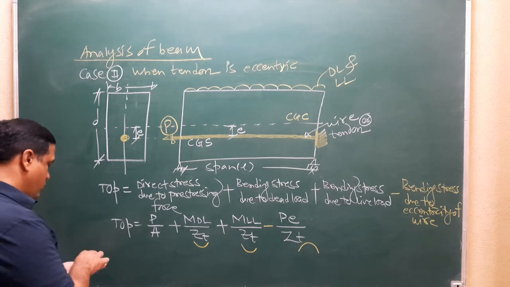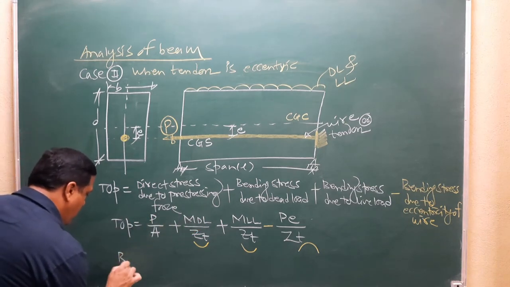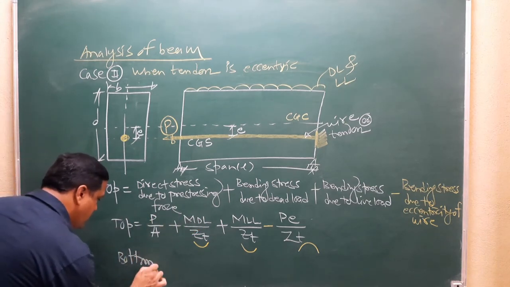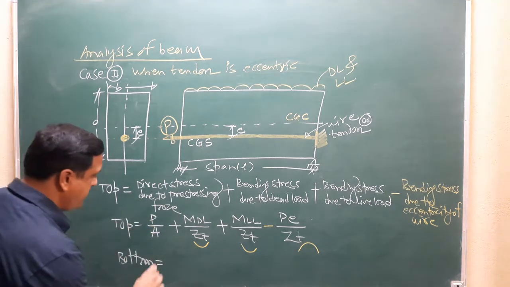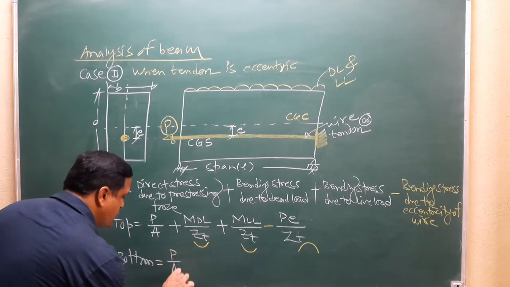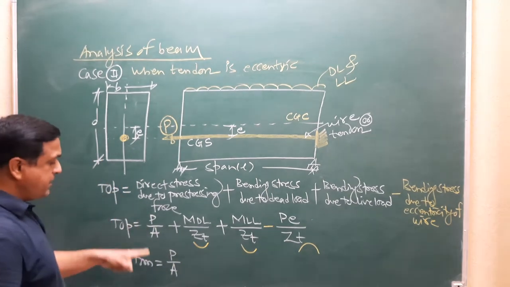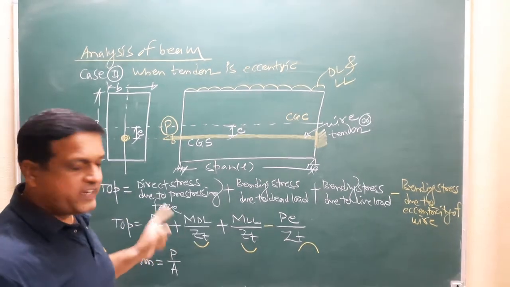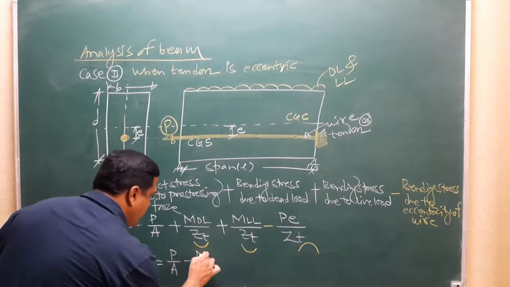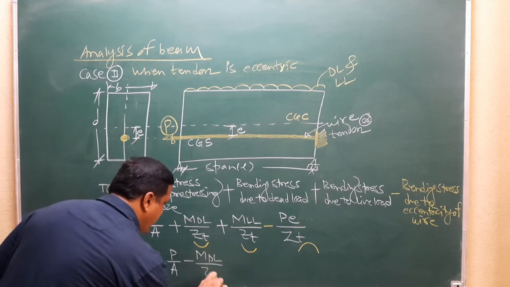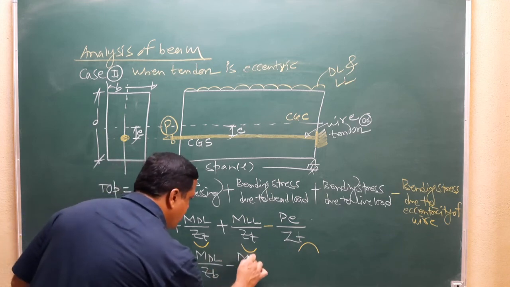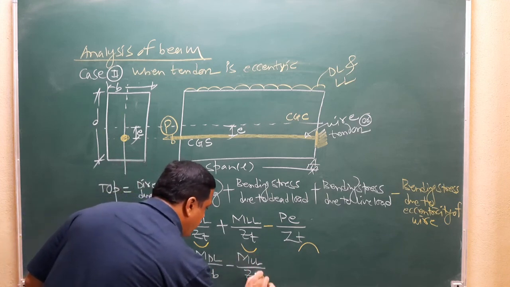Remember that. Now how to find the bottom fiber stress? Bottom fiber stress is the same, only change the sign. Keep P by A as it is, don't change the sign. Minus bending moment due to dead load by Z bottom, minus bending moment due to live load by Z bottom.